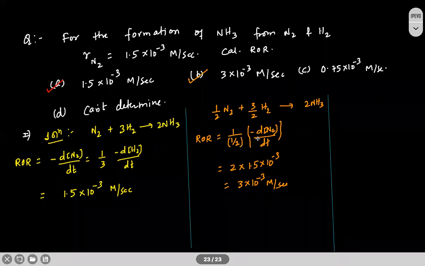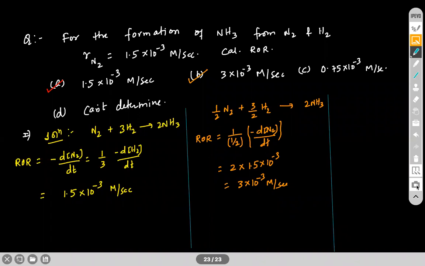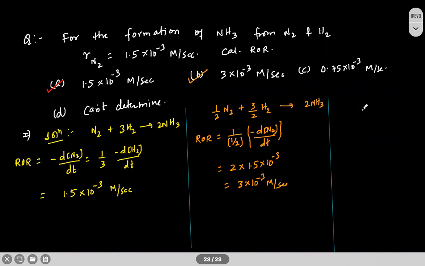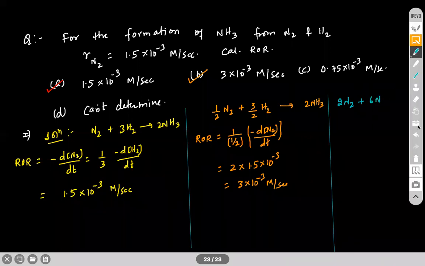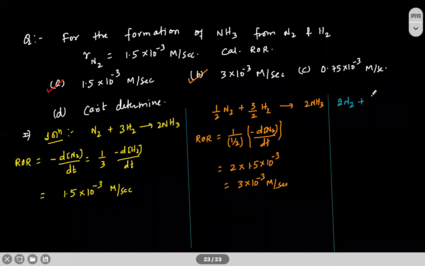Nothing. Chalo, I'll write down one more reaction here. What is the reaction here? I'll show you. Suppose I'll write this reaction. Can I write down this? Is this fine?